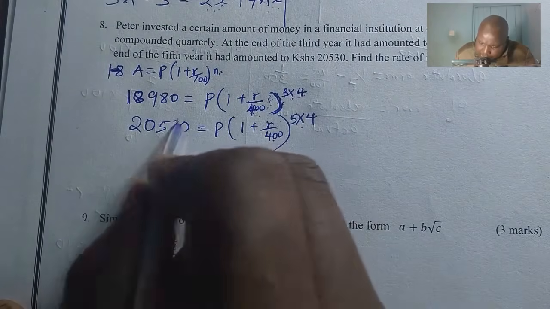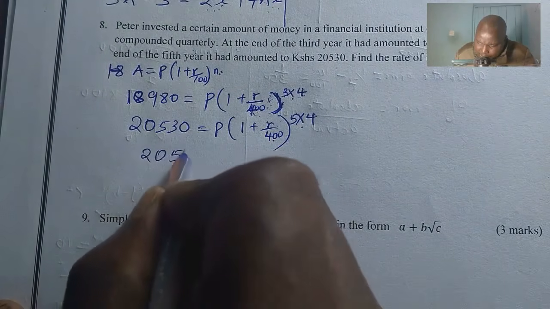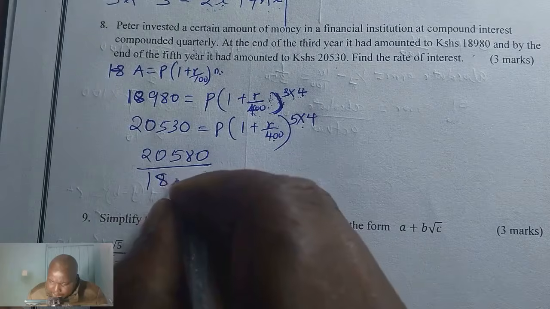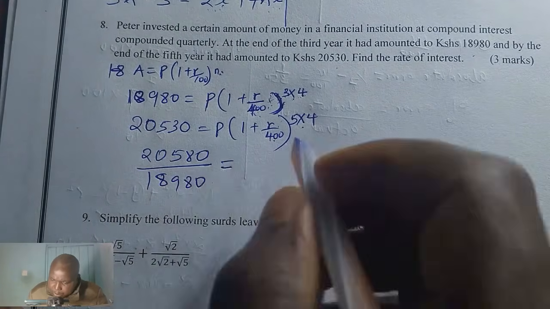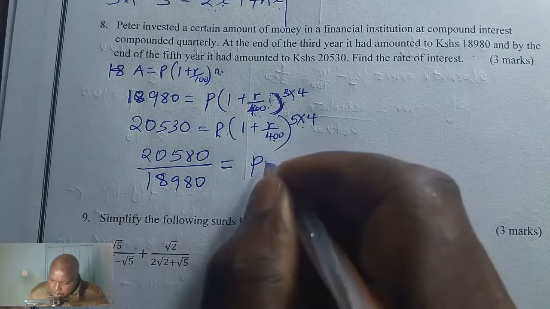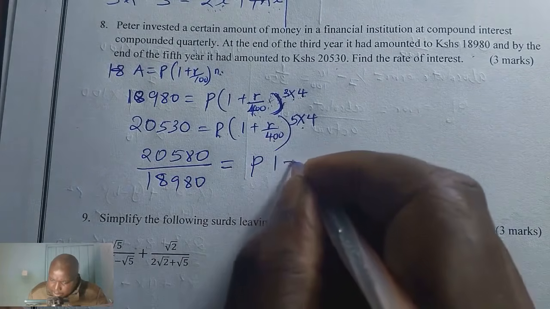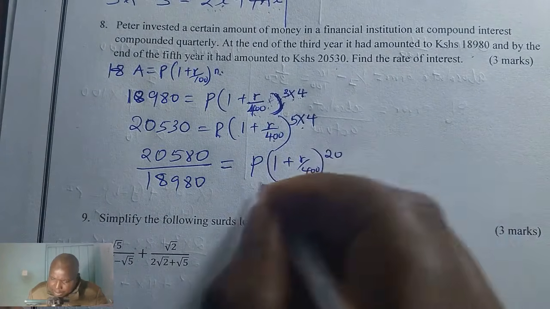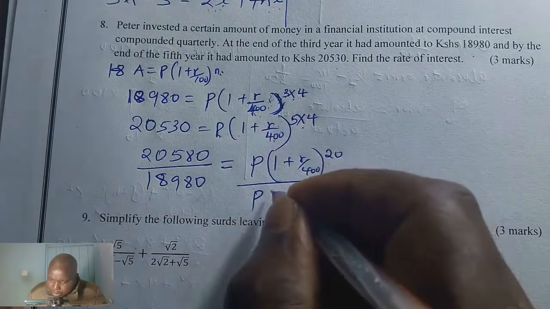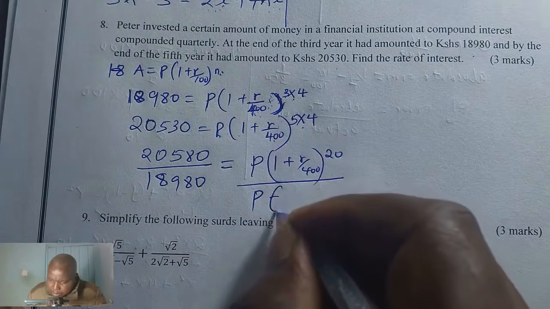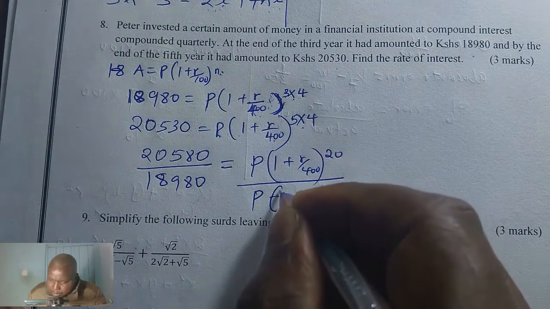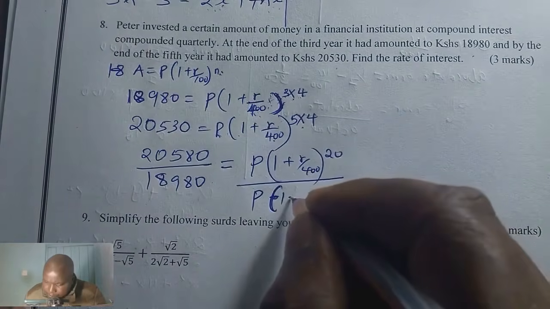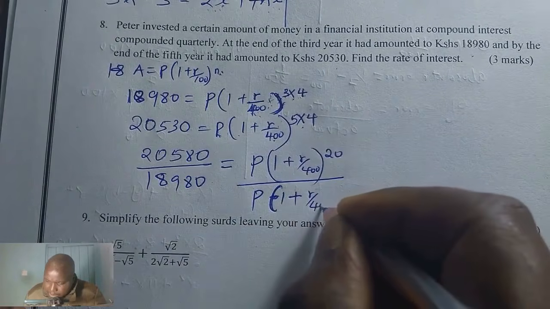So 20,580 divided by 18,980 will be equal to principal (1 plus R over 400) to the 20, and you divide by principal times (1 plus R over 400) to the power 12.